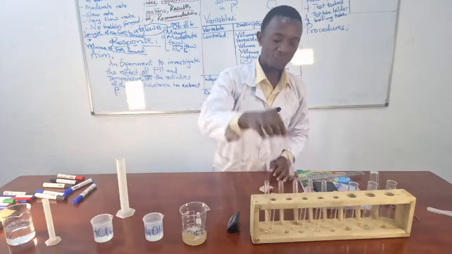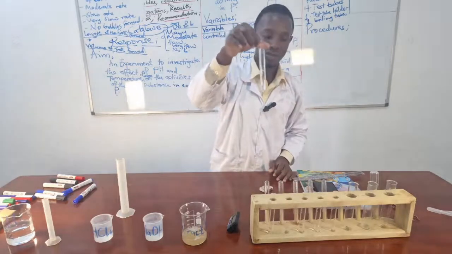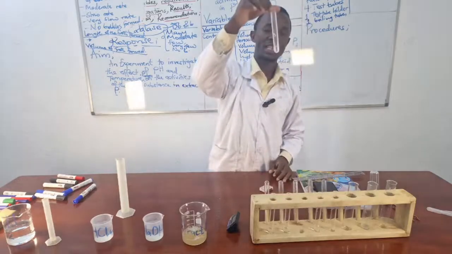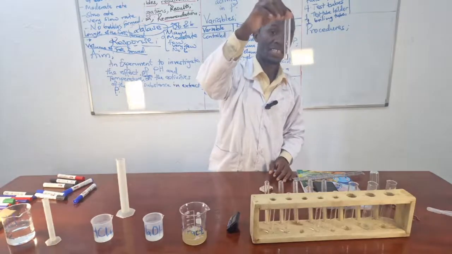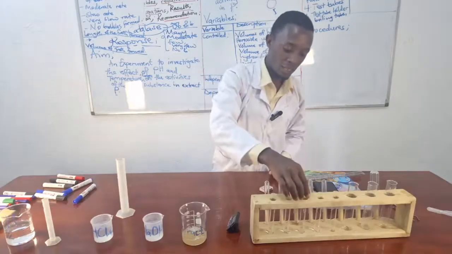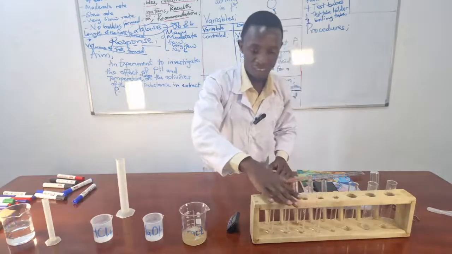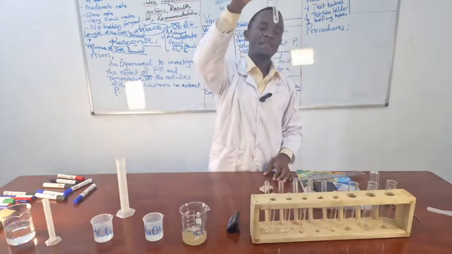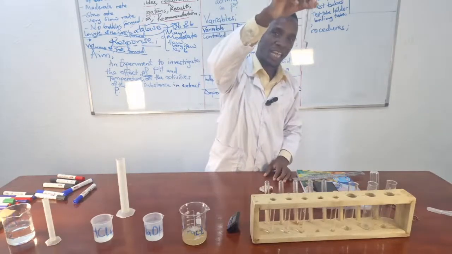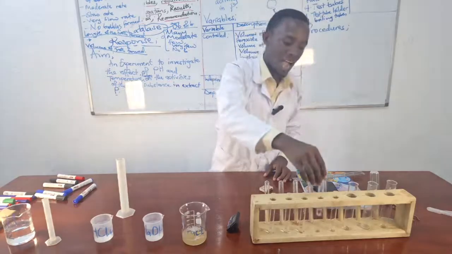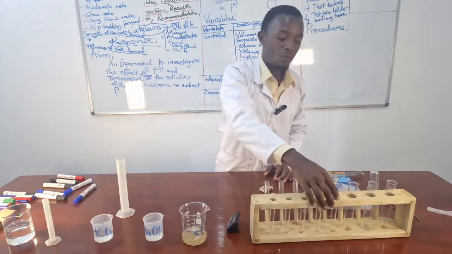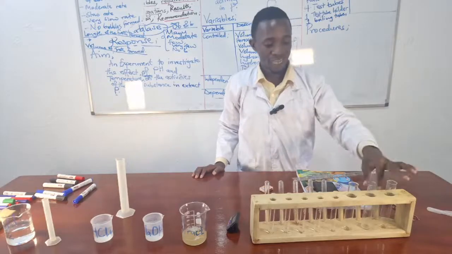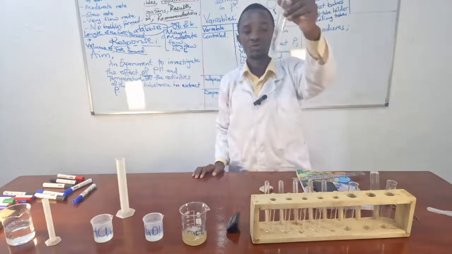I will make this one alkaline by adding sodium hydroxide, and I will make this one acidic by adding hydrochloric acid. So for the first 3 test tubes, I will be investigating pH. And the last one, I will be investigating the effect of changing temperature on the activities of the active substance in extract P. That's why I started by boiling the extract.